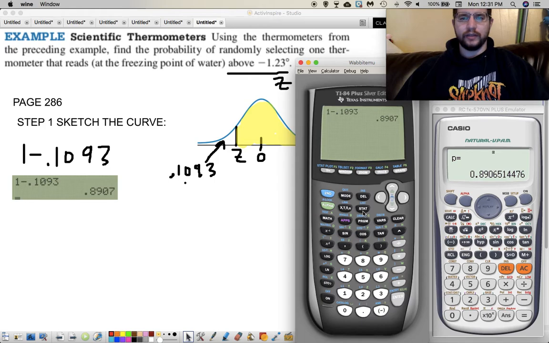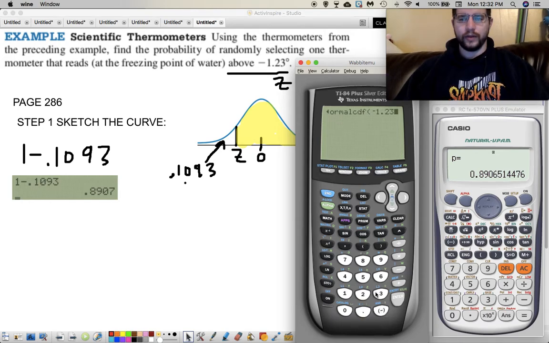TI better give us the same thing. Second VARS, normal distribution. So I'm just going to put random things in here so I can get it to just that blank function. Okay. Normal CDF, this pops on your screen. Lower bound is negative 1.23.